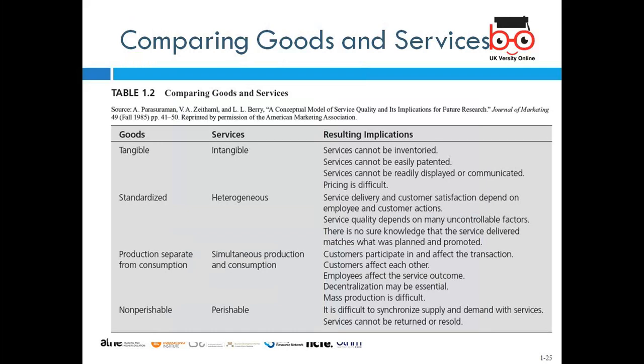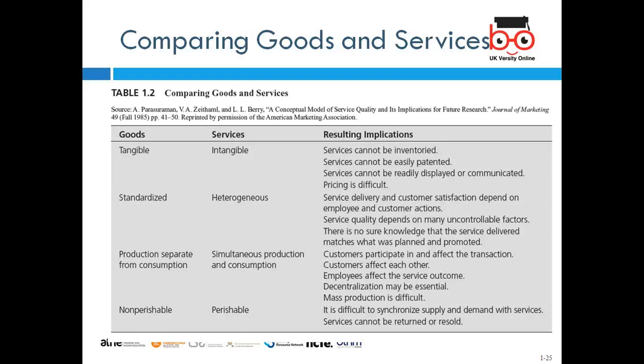Service cannot be inventoried, we can't stock it. Service could be instant. If at the right time we don't give the right answer to the customer, or we don't have product knowledge about it, we're not offering good customer service. Heterogeneity means the product is not standardized, service delivery is special, and customer satisfaction depends on the employees and the customer actions.